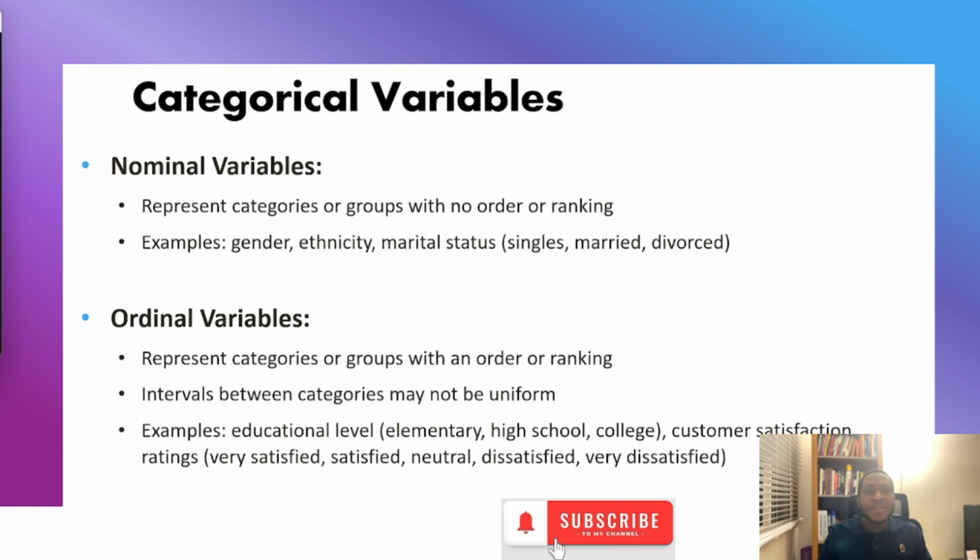A level of education variable can have values like basic education, and then the next level is junior high school, then senior high school, bachelor's degree or master's degree, then a PhD. So you can see a categorical variable called level of education can have these hierarchies. Other variables like customer satisfaction, very satisfied, satisfied, not satisfied, can also be grouped in hierarchy. They are ordinal, they can be ordered.